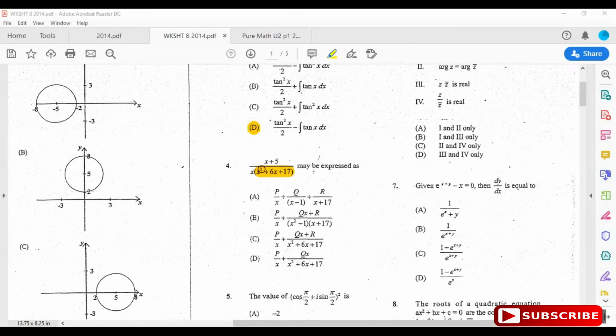So let's look at it now. Right here, x squared plus 6x plus 17. It cannot be factorized, right? Let's say you're trying to factorize this. First you have to check the discriminant. The discriminant is equal to b squared minus 4ac.